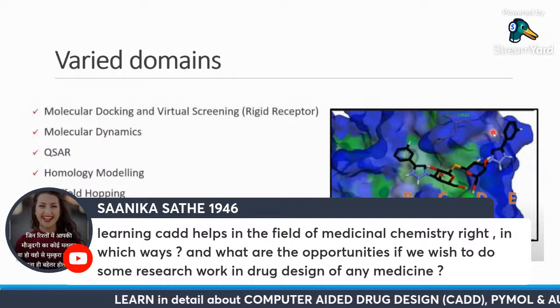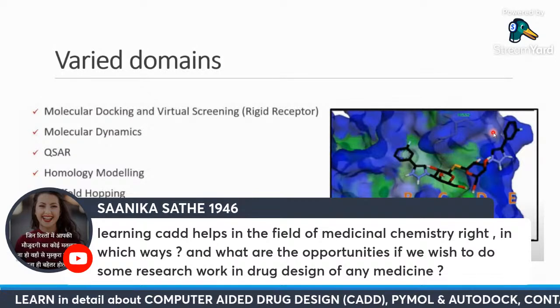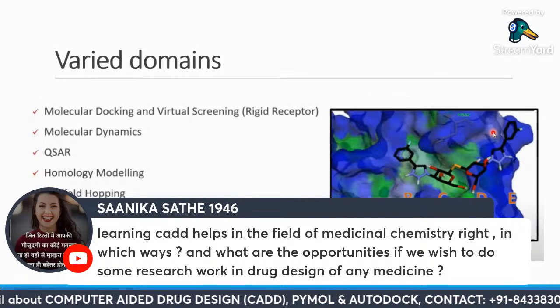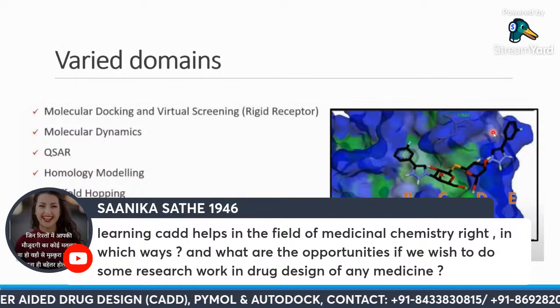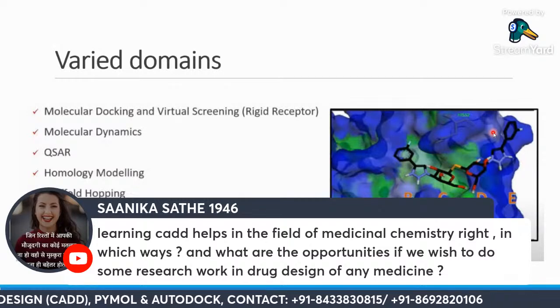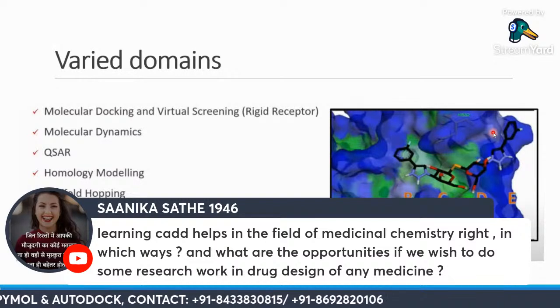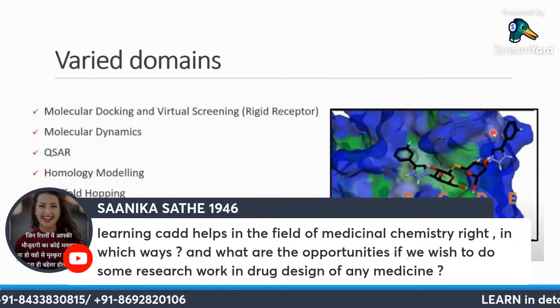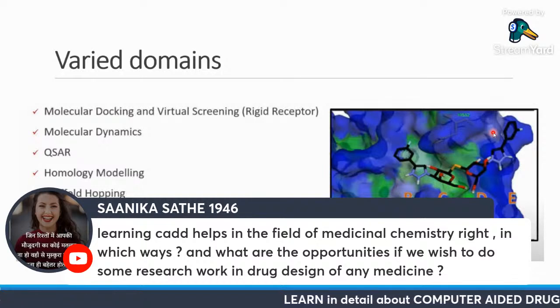And like you asked, what are the opportunities if we wish to do some research work in drug design? Like I said, most of the opportunities right now are in the industrial domain. In academia there is also some, but comparatively the scope is less right now. There's more scope in industry. Industry hires you as basically equivalent to a medicinal chemist.